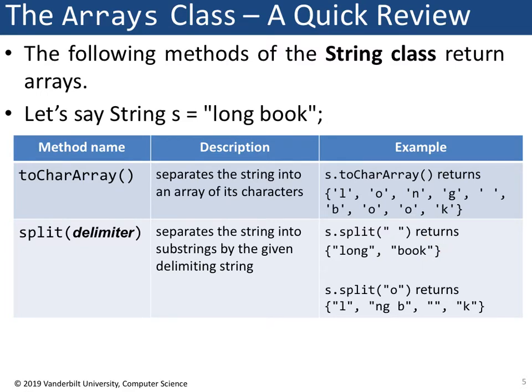But if we continued it and it was "long book Tuesday", so long space book space Tuesday, then when we called s.split with a space, it would return the string array long, book, Tuesday.